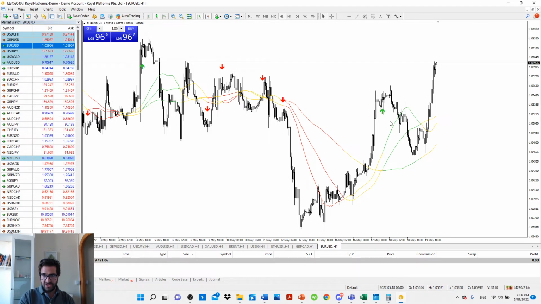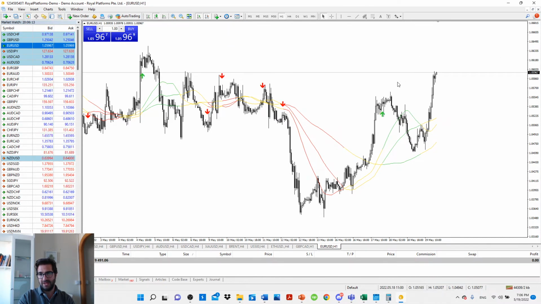You will get a buy signal similar to this if there is a buy opportunity. Here the market moved to the upside and then made a kind of correction. So the market gave you an opportunity to scalp from here to here. You can see this arrow, a green one, showing you that you should buy.